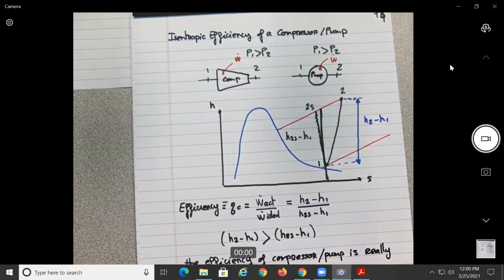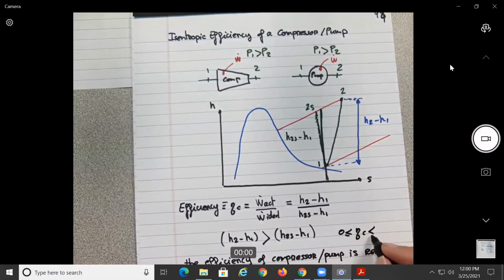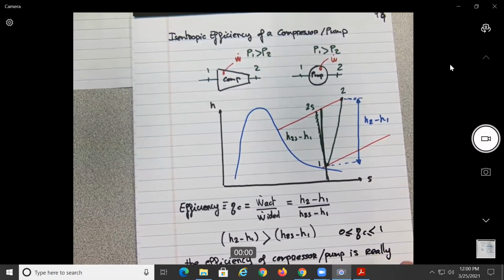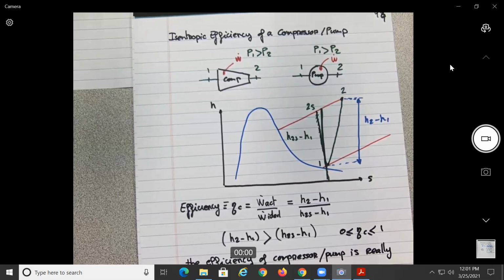Since we know that the efficiency is always between 0 and 1, it will just be the reverse: the ideal divided by the actual, which this time will give you H2s minus H1 divided by H2 minus H1.